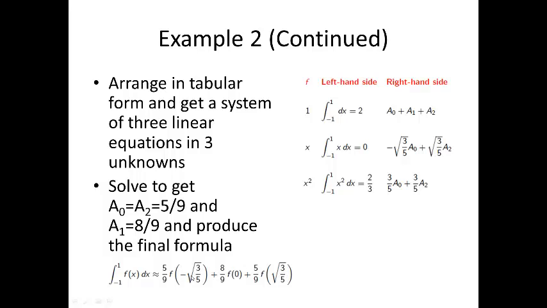We use the 3 nodes that we discovered in the last slide: minus square root of 3/5, 0, and the square root of 3/5, along with the weights we found by solving this system of linear equations. This integrates correctly all polynomials up to and including the quintic ones, degree 5, because the evaluations take place at Gaussian nodes, so we can go up to 2n plus 1 accuracy.